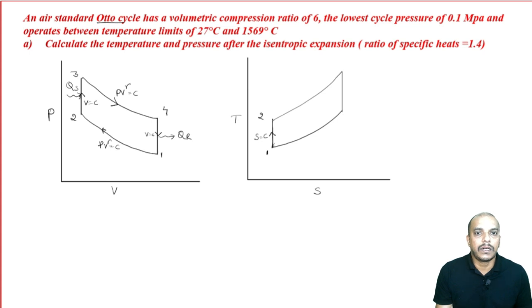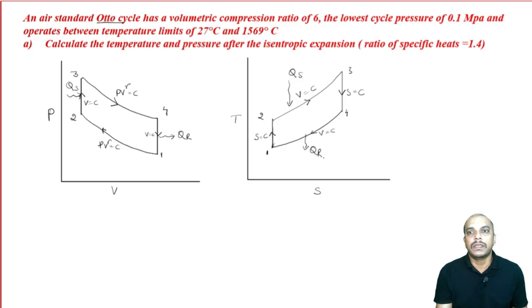So, in a TS plot, entropy constant would look like this. Then we have volume constant heat addition. Then 3 to 4 is reversible adiabatic expansion, and then 4 to 1 is constant volume again, and heat is rejected. See, the moment I see the term Otto cycle, this is what I do first.